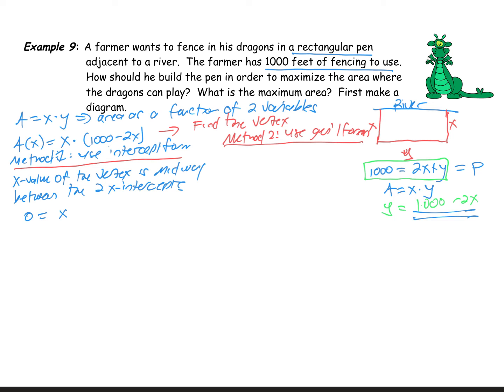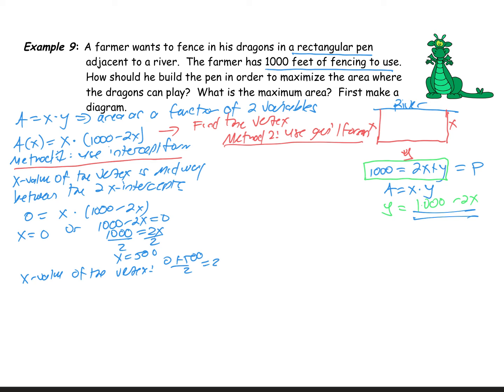We'd have 0 equal to, setting the area equal to 0, x times 1,000 minus 2x, which means the x values for the x-intercepts are x equals 0, or we can solve 1,000 minus 2x equals 0. So 1,000 equals 2x, and dividing both sides by 2, we get x equals 500. So the x values for the x-intercepts are 0 and 500, and the x value of the vertex is 0 plus 500 over 2, which is 250. Okay, that's the x value of the vertex.